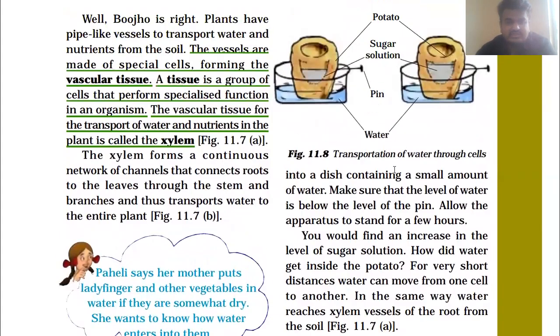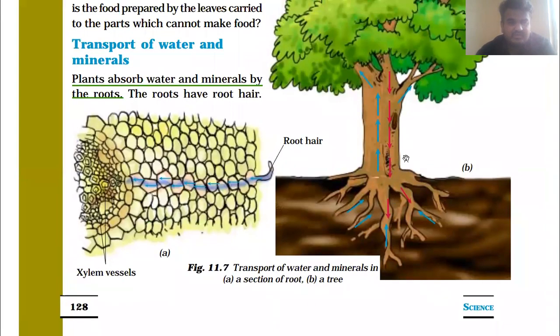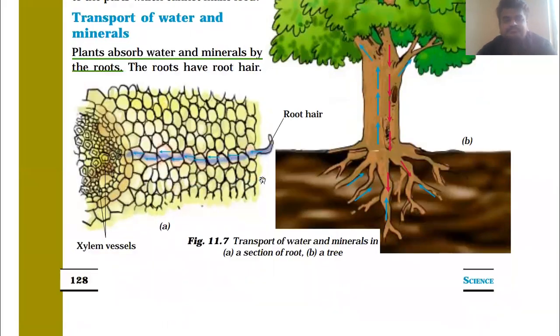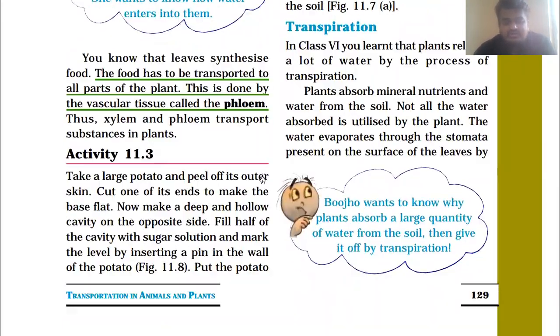This is given in figure 11.7a. This is the root hair, and with the help of the root hair, the water particles move from the soil towards the xylem. So this was activity 11.3.